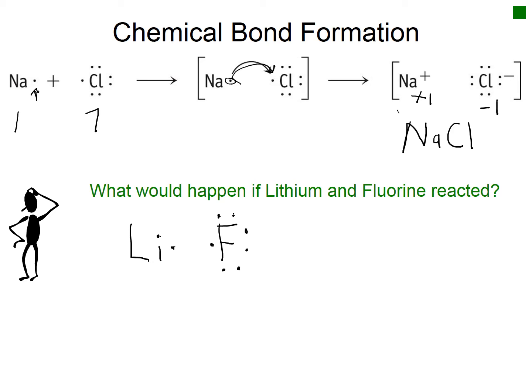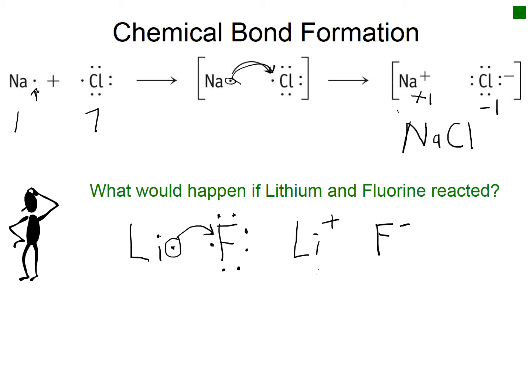Now thinking about which one wants the electron more, if fluorine has 7, it needs 1 more valence electron to become like neon. And lithium would rather lose the 1 valence electron. So your fluorine is going to steal this 1 electron, and in doing so, your lithium becomes a +1, and your fluorine becomes a -1.